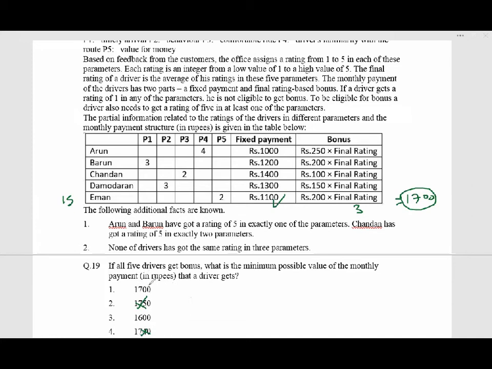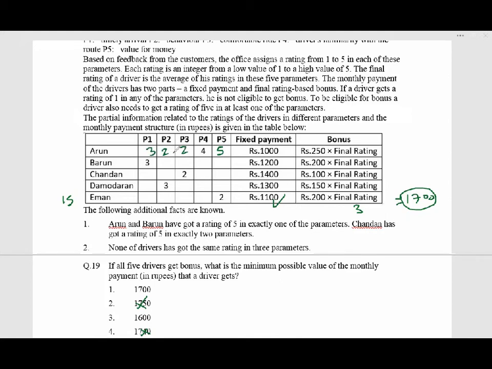Now, can anyone get below 1700? Like this, Arun. But we know Arun has got exactly 5, so 1 5 you have to give. You cannot give any 1, as all of them are getting bonus. So for the rest, I'll give him 2 2s. I cannot give more than 2 2s because no 3 parameters are the same rating for any person. So 3 here.